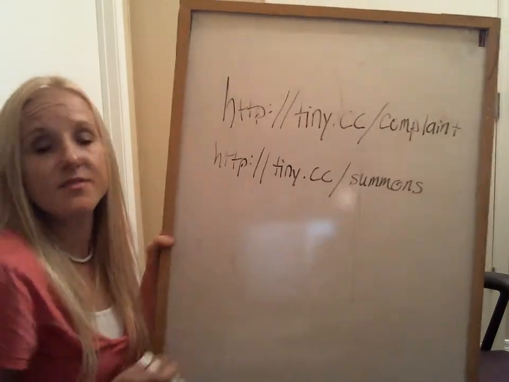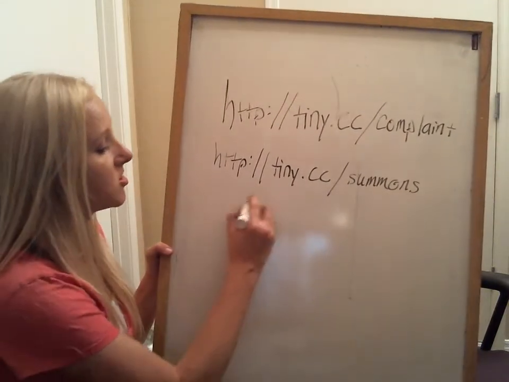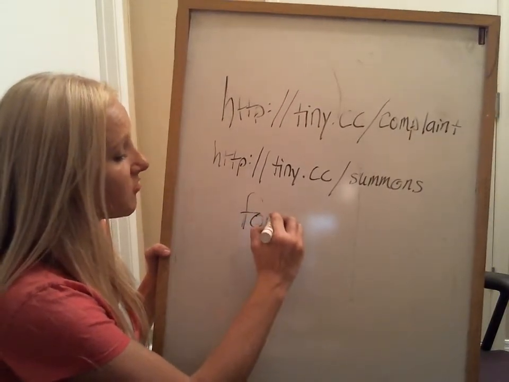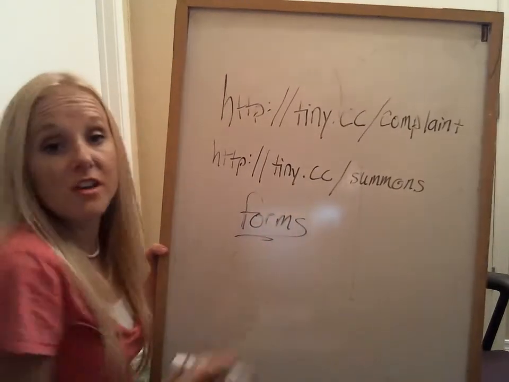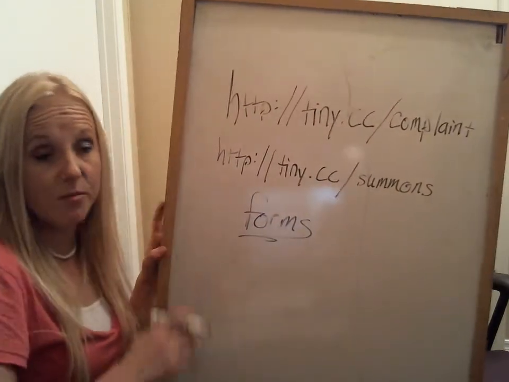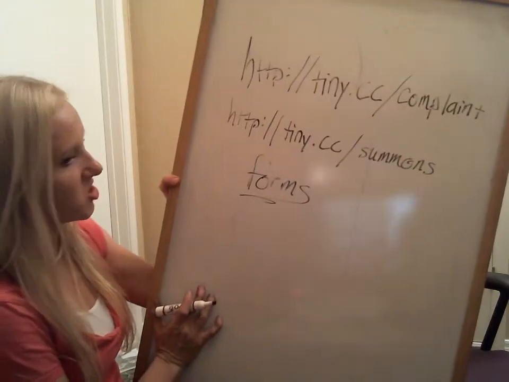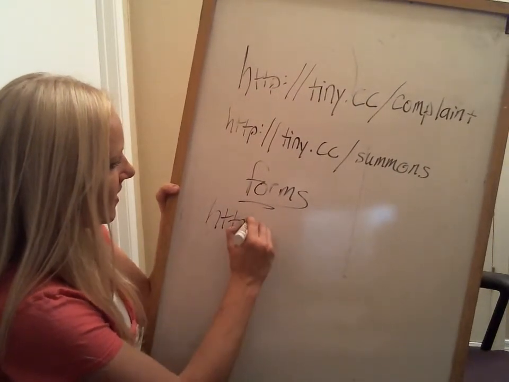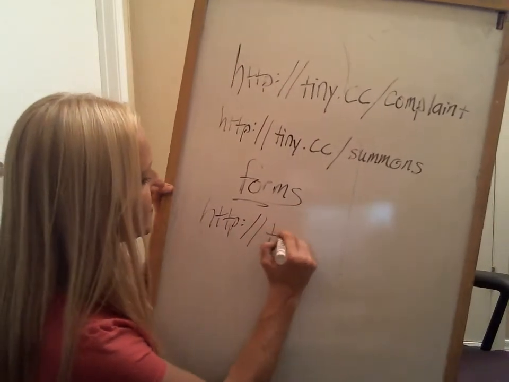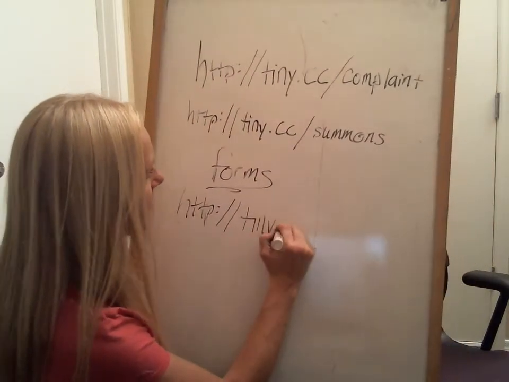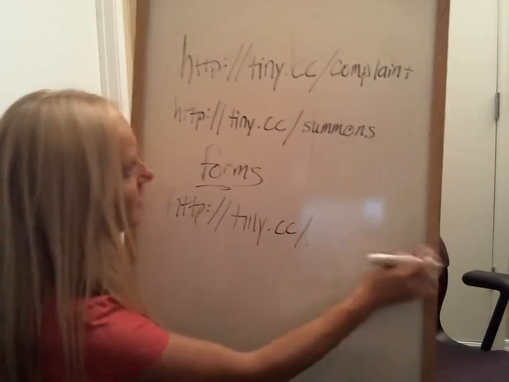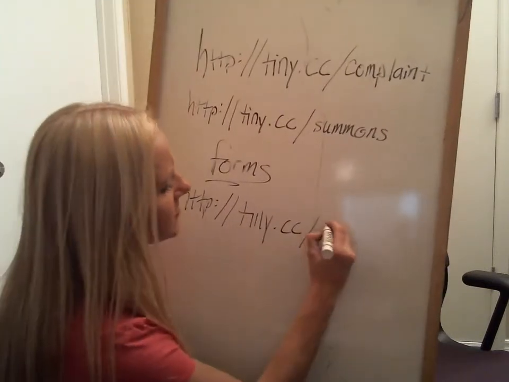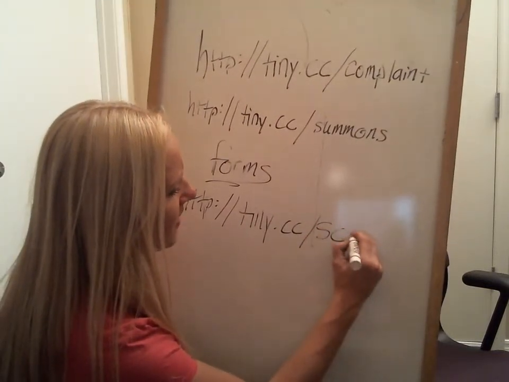And this is how lots of legal work is done, where there are actually forms. And you might actually find some of these forms in your own jurisdiction where you just have to plug in the missing information. There's one more website that I did, tiny.cc, and then I believe it's SCA.